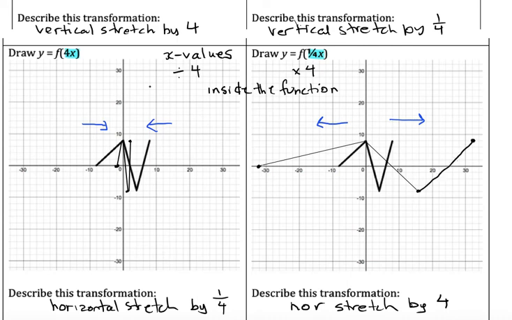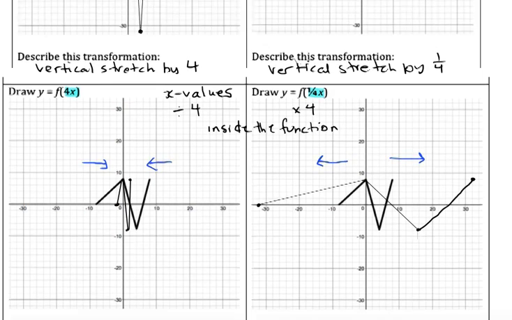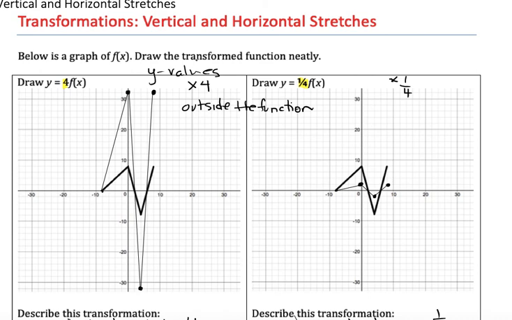Oops, didn't have my line selected on that one, but no matter. And so what you can see is we've now stretched it by 4, okay? So just as a last sentence, remember, inside the x's, outside the y's, okay?